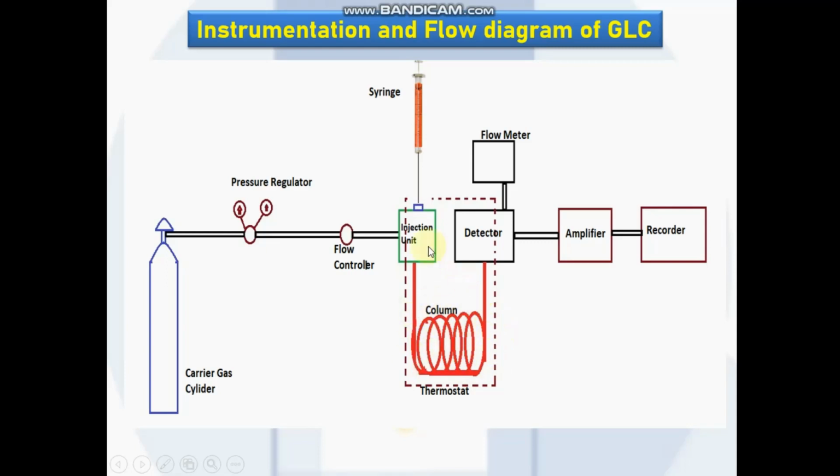The sample injection port or injection unit and the detector unit are usually maintained at still higher temperatures to promote rapid vaporization of the injected sample and to prevent condensation in the detector.